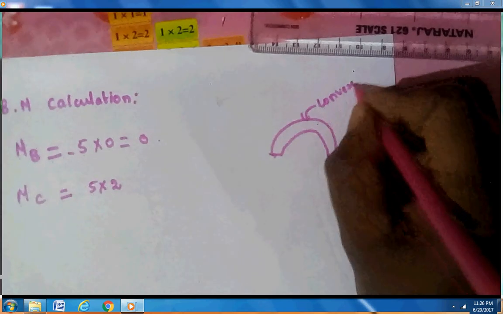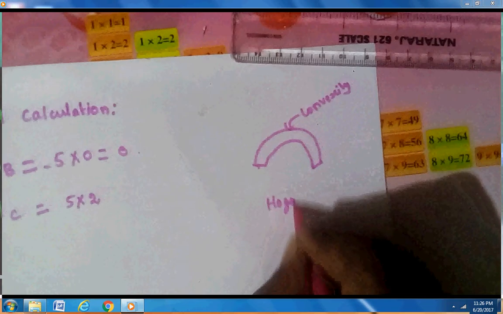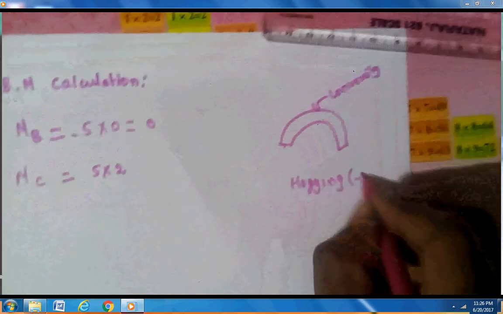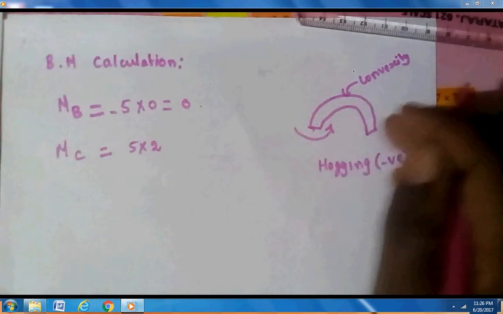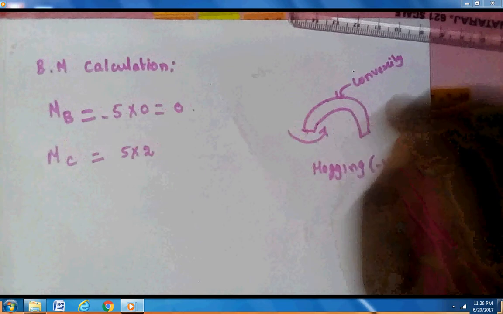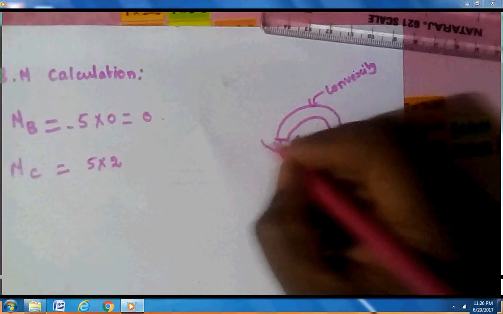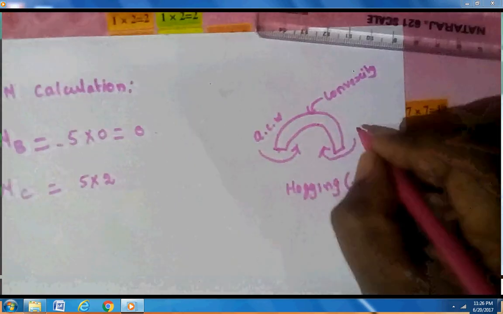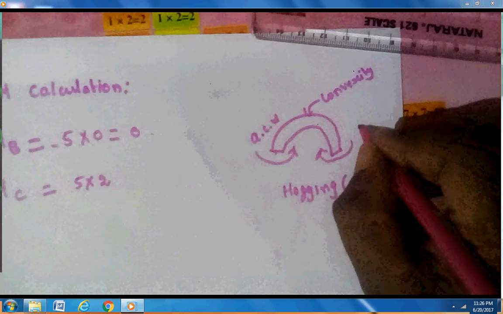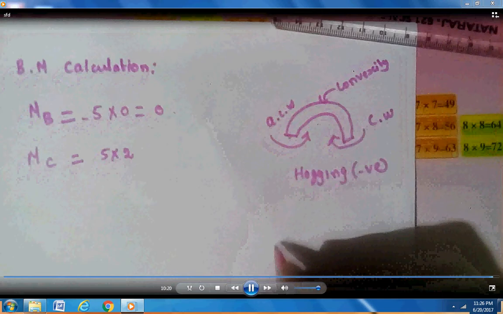To make the beam straight, here we need anti-clockwise moment on the left side, and clockwise moment on the right side. So left side anti-clockwise and right side clockwise means negative moment or hogging moment.